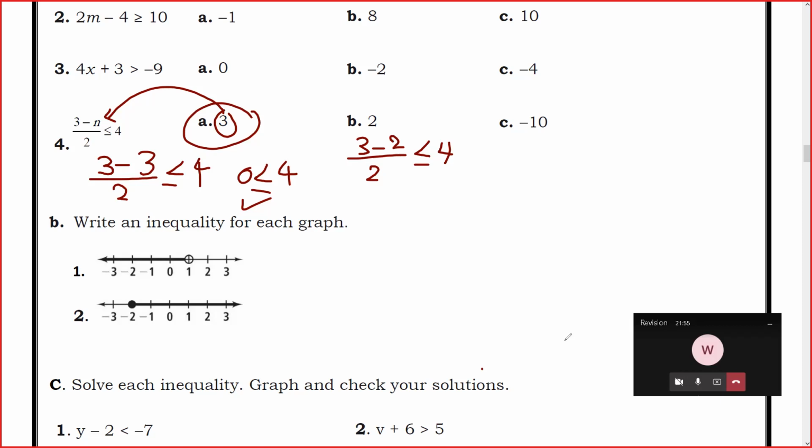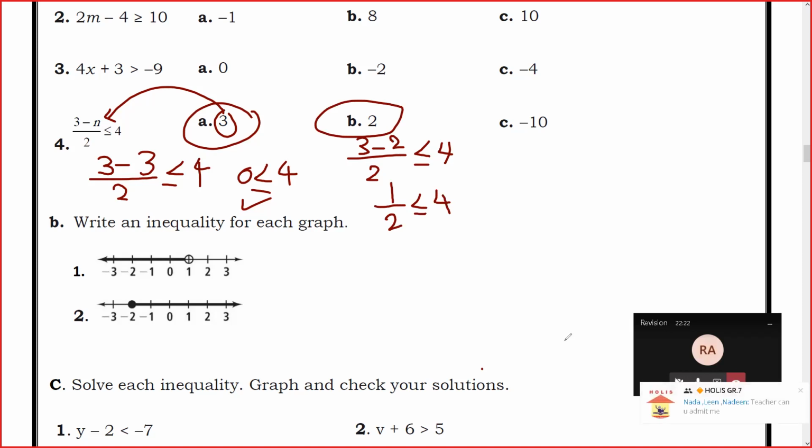Okay, Rima. Yes, Rima. 3 minus 2. 1 over 2. Is half less than or equal to 4? Yes. So 2 will be a solution.